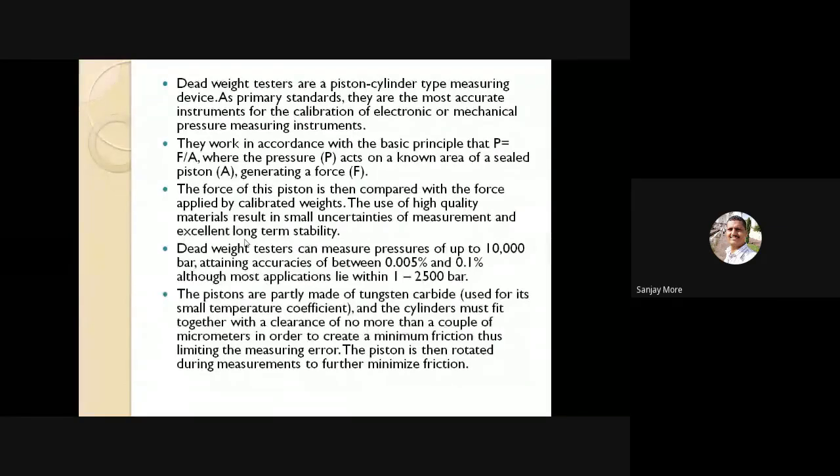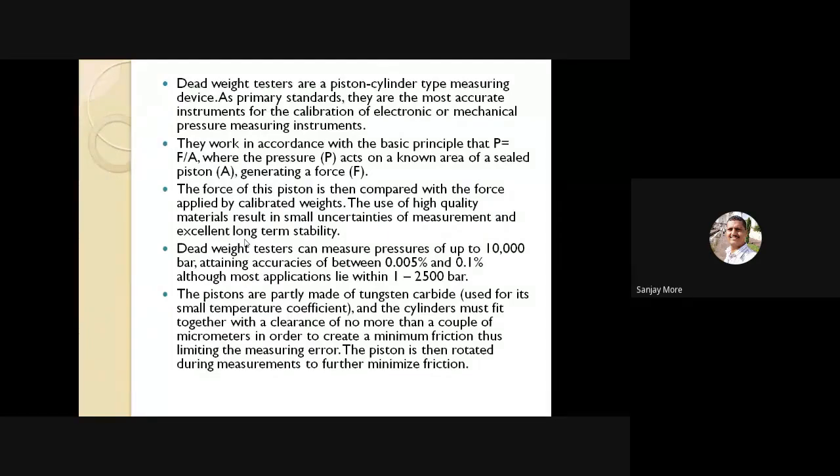As primary standards, they are the most accurate instrument for the calibration of electronic or mechanical pressure measuring instruments. Okay, they work in accordance with the basic principle of P is equal to F divided by A. Pressure is equal to force upon area.